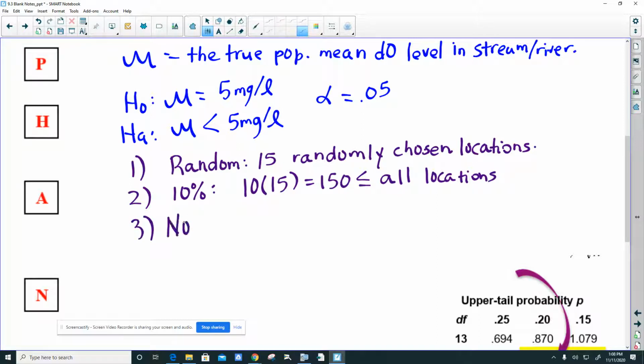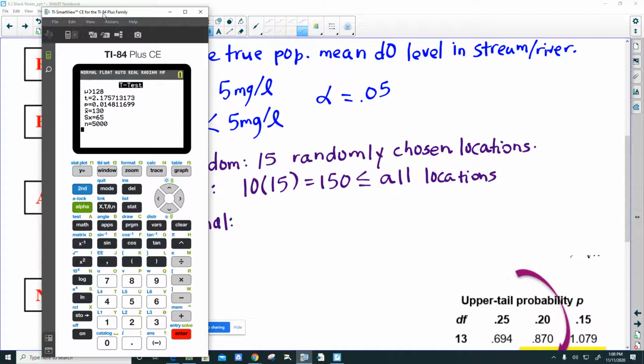Okay, and then our final condition is the normal condition. Again, I cannot cite the central limit theorem because my sample size is not 30 or greater. It does not mention that the population shape is normal. So I'm left with constructing a box and whisker plot on my calculator and then transferring that onto my paper.